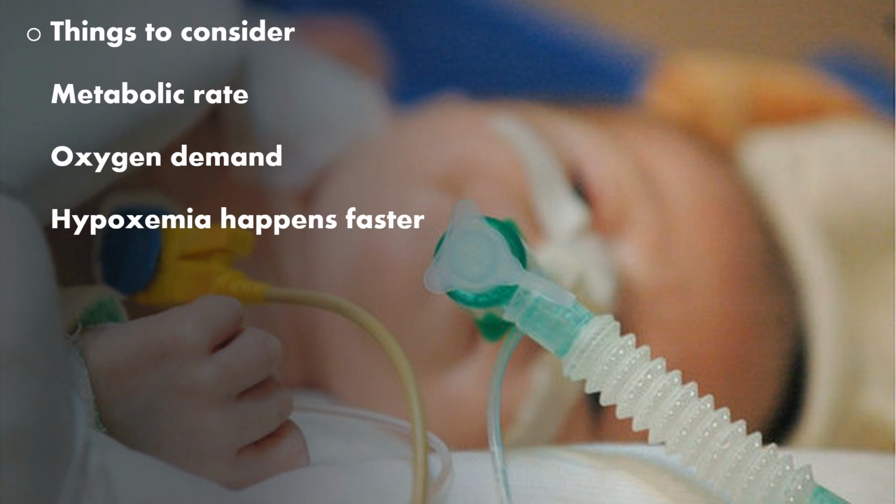So I kind of like to think about it like little hummingbird hearts, little hummingbird wings. It goes so fast, and they move so fast. So an infant's metabolic rate, oxygen demand, respiratory rate, and heart rate are all going to be much higher than a slightly older child and an adult on a normal day.